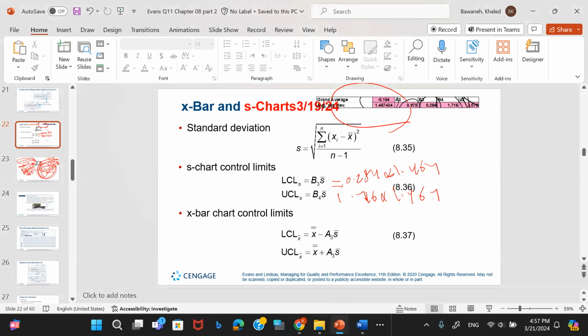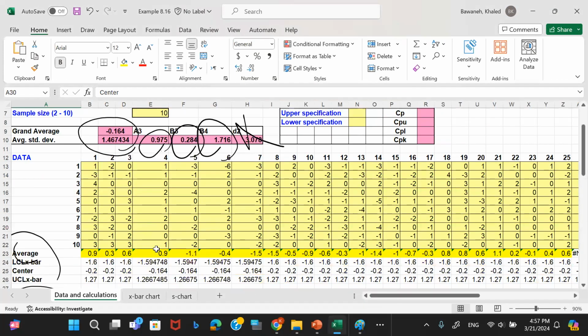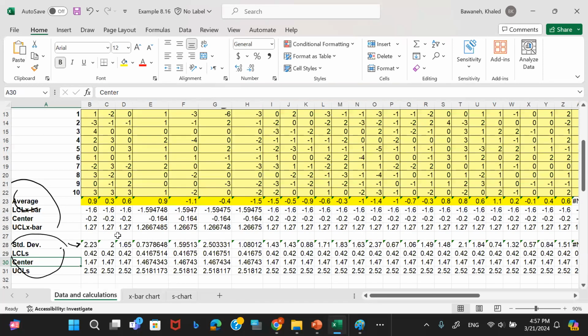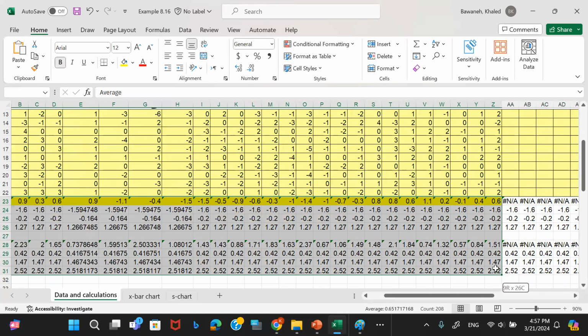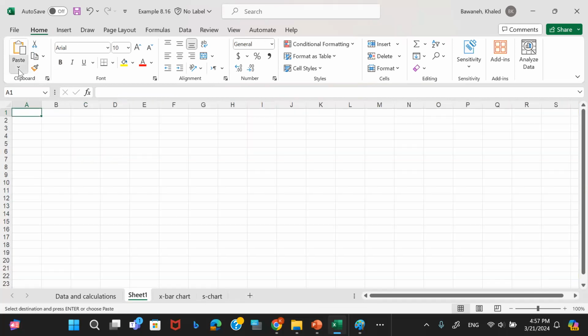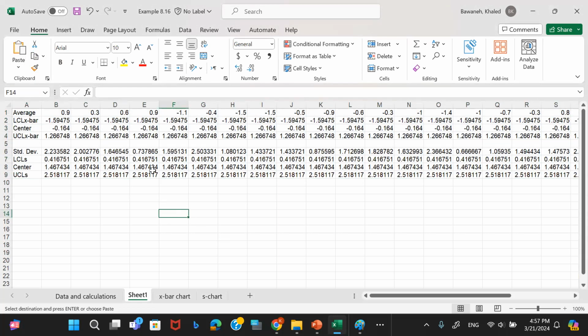I calculate them, or I do this in Excel if I want. And then I plot these. Let me show you how to plot these numbers. Let me take all this stuff to a new sheet and paste them as values.